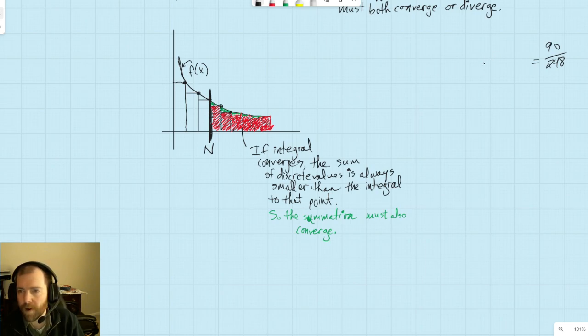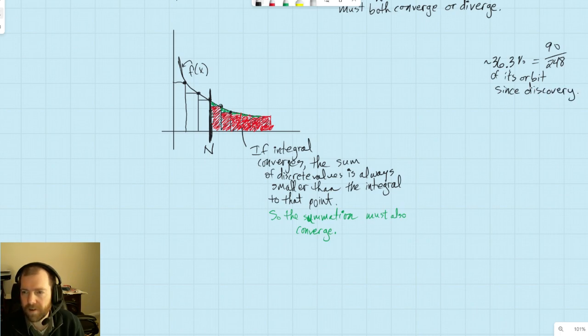So somewhere around 36.3% of its orbit since discovery. I mean, technically it's been 92 years, so it changes a little bit. 37.1.